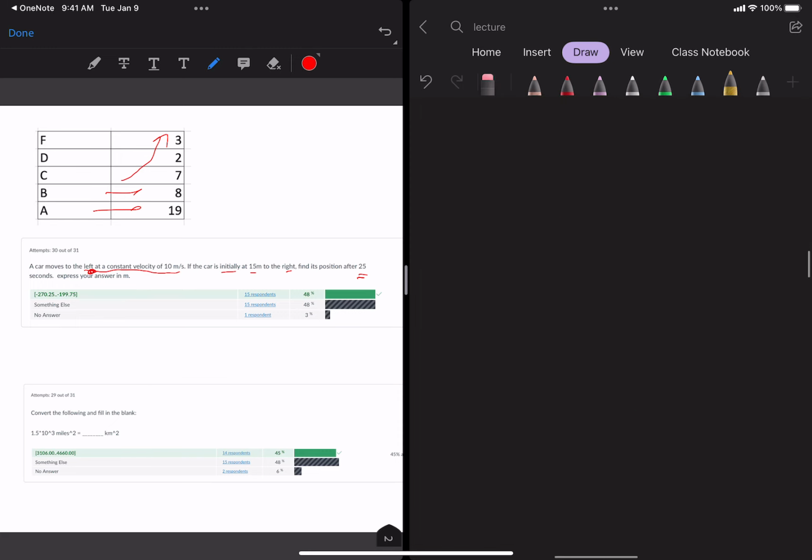And for the second one, this was a conversion question, and it might be easy to get confused here. So let's see here. So you have 1.5 times 10 to the 3 square miles. And you want to convert that to kilometers squared.